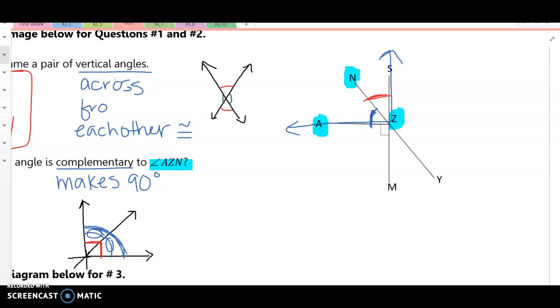Because AZN, that blue angle we see over here, is not fully 90 degrees. We'd have to add this other angle onto it in order to make the whole 90 degrees. So then we have to write the name of this angle. First name, middle name, last name. So SZN.